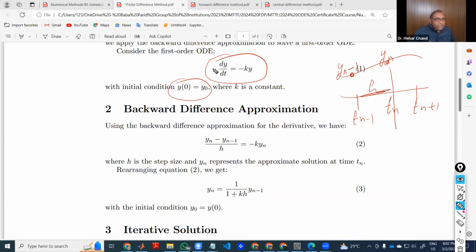So dy/dt will be equal to (y_n - y_{n-1})/h.